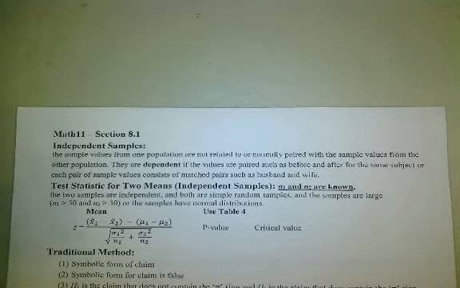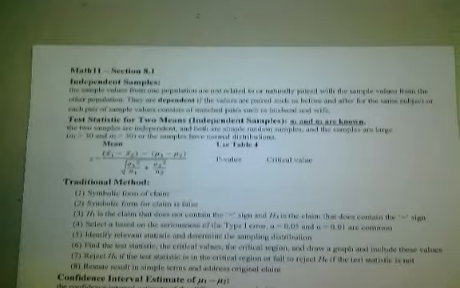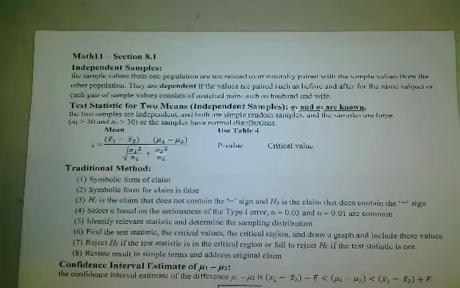So let's look at the steps for the traditional method. These are the same steps that we've done in a number of sections. First, what is the symbolic form of the claim? Second, the symbolic form for when the claim is false, or the counterclaim. H1, the alternative hypothesis, is the claim that does not contain the equal sign. H0, the null hypothesis, is the claim that does contain the equal sign.